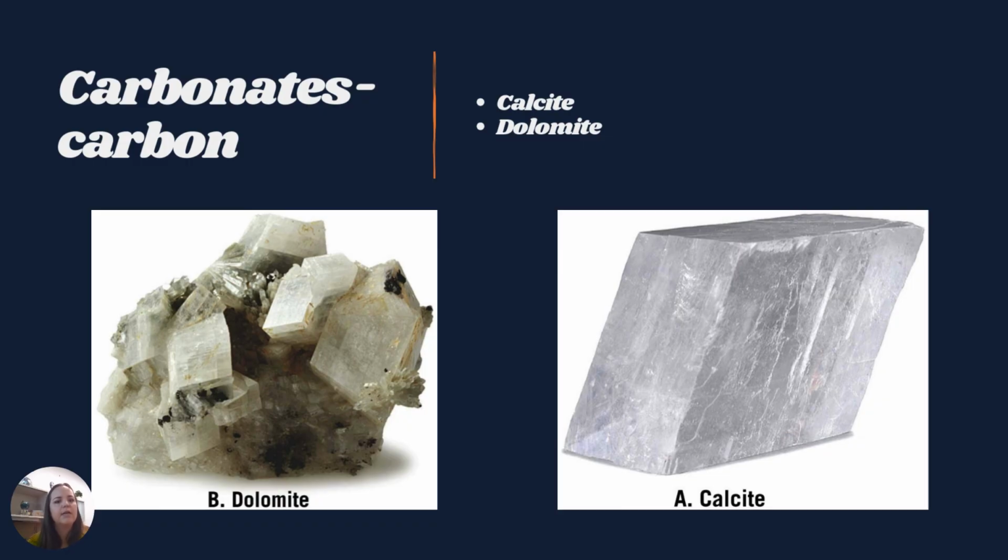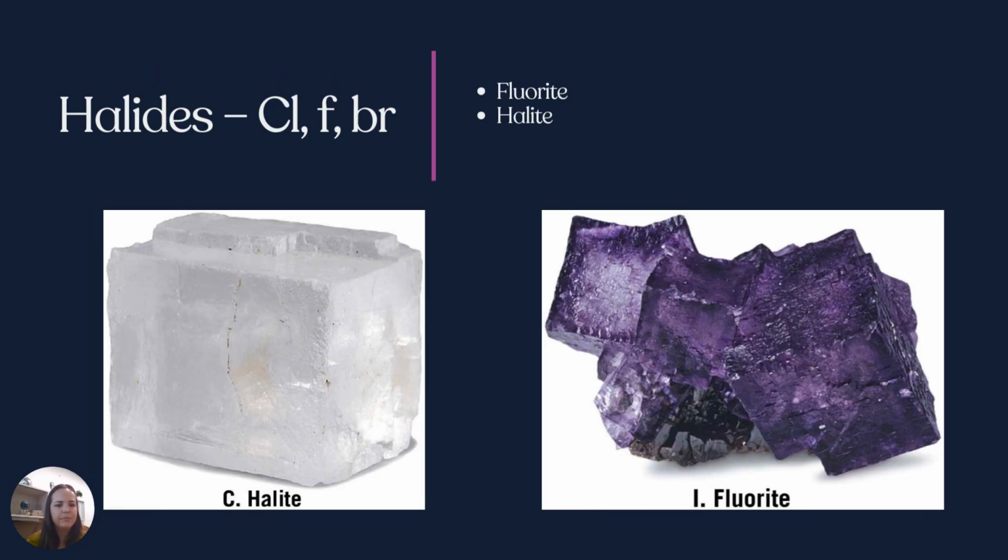So carbonates contain carbon. Two of the most common that we see are dolomite and calcite there. They look very similar, but there are a few differences between them. When we get to physical properties, that will start to make sense. Right now, we're just looking at groups. Halides contain chlorine, fluoride, and bromine.